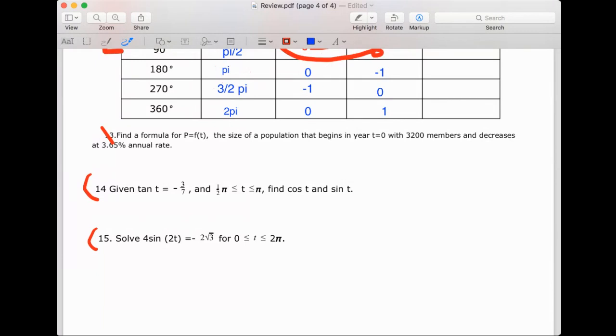Well, let's draw our quadrants again, because when we deal with trig functions, we deal with 4 quadrants.